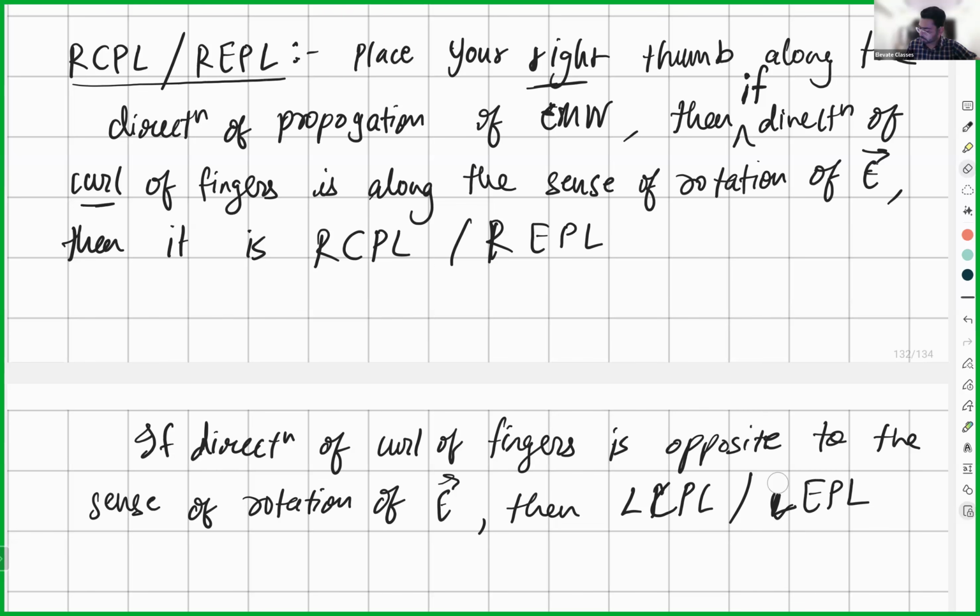All right. But for both the cases, your right thumb should be along the direction of propagation of electromagnetic wave.